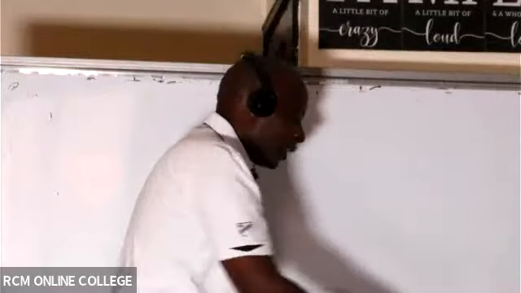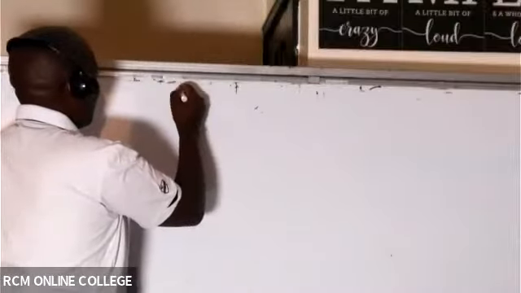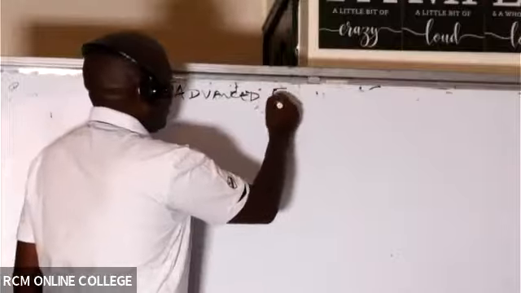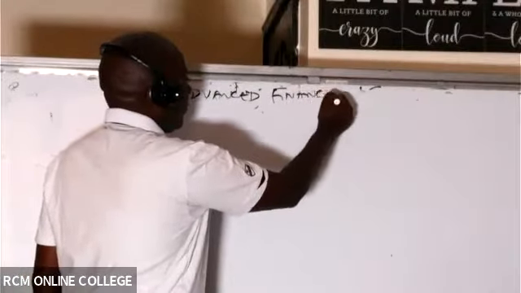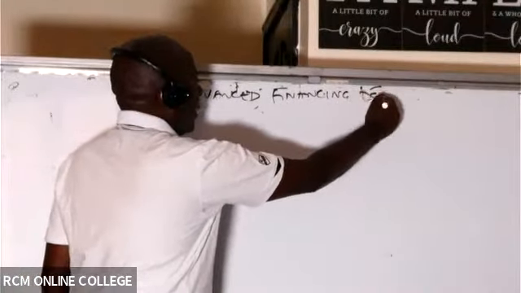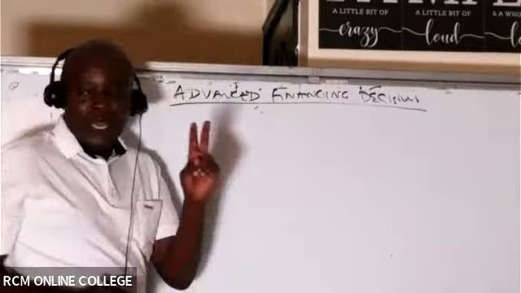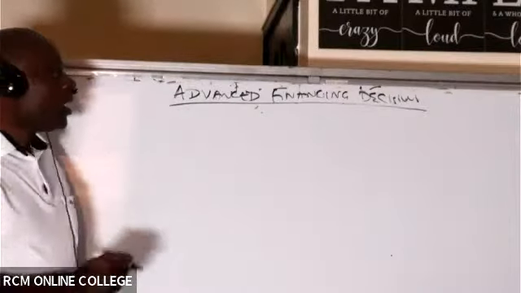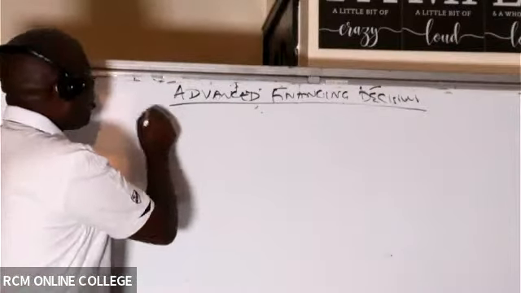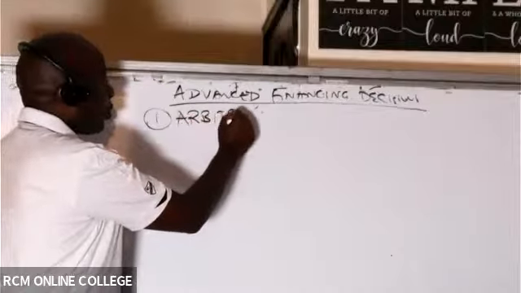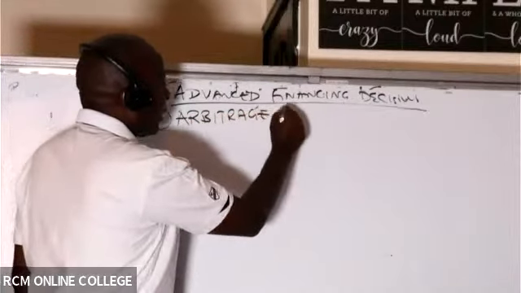So advanced financing decision is what you are doing. And today, ladies and gentlemen, I would want us to basically look at 2 agenda items. I will be very happy if by the end of the session, all the students here will be able to understand how to calculate what we call arbitrage profits.